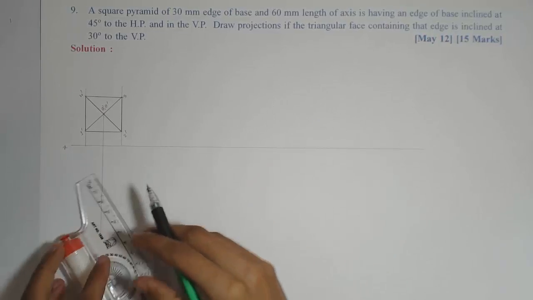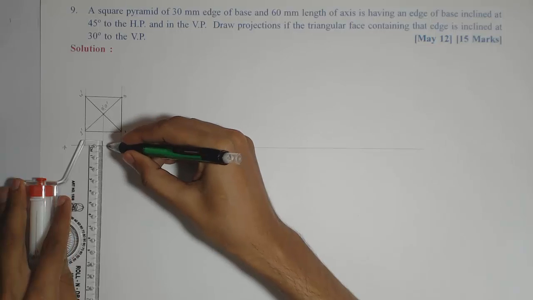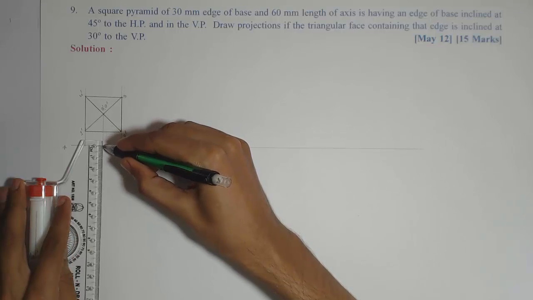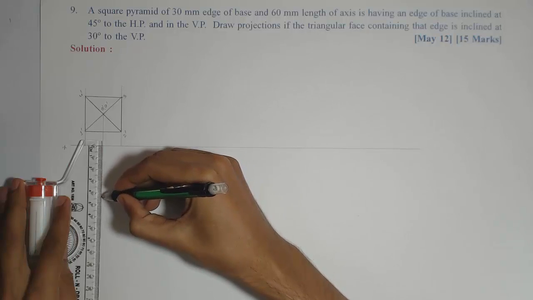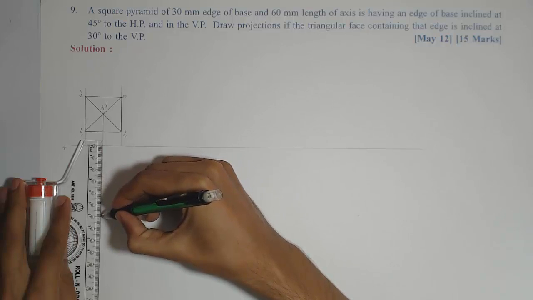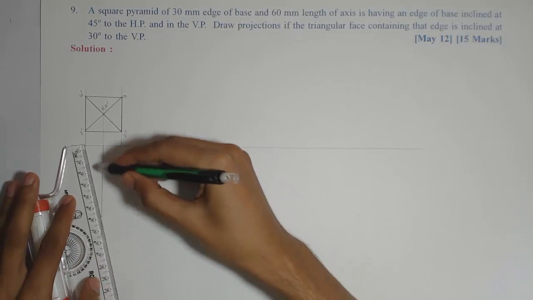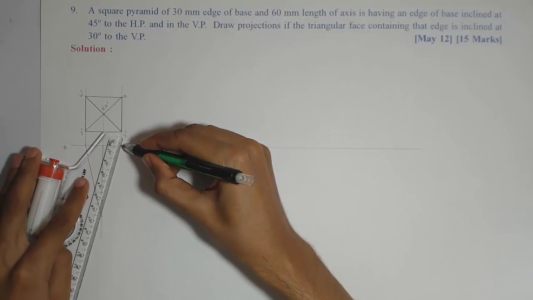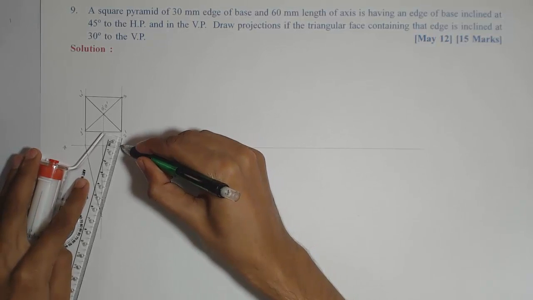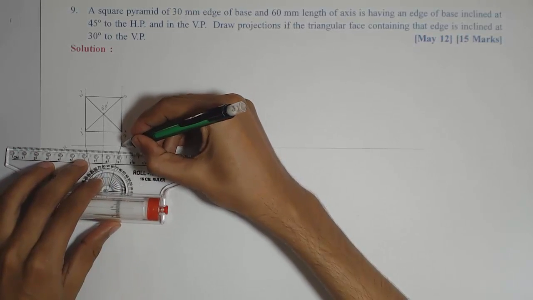So after projecting this, we'll first mark the axis length 60 mm starting with the XY line, and it should be long dash, short dash, because none of the slant edges are coinciding with the axis. So after marking 60, we'll draw the slant edges, which are the boundaries, dark, and then the base.